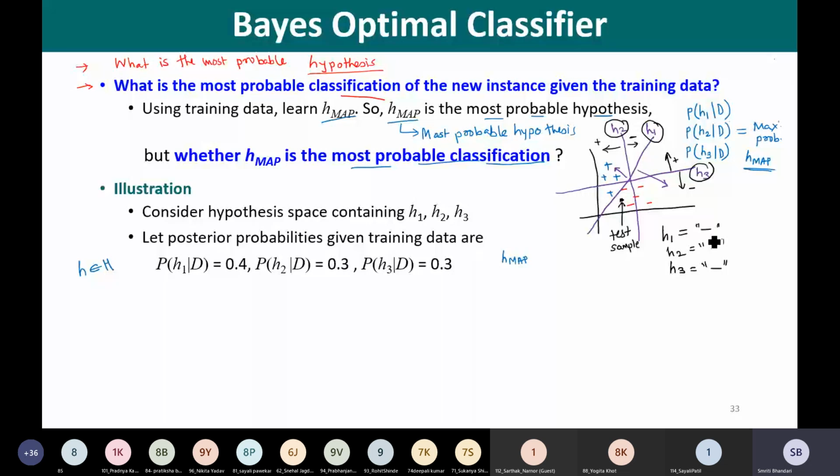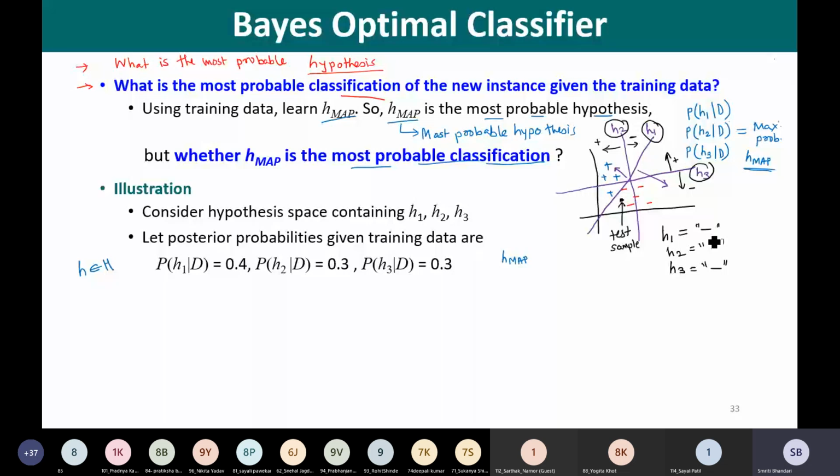So we are once again assuming that we are having three hypotheses in our space, and these hypotheses are denoted as H1, H2 and H3. Now, we have computed the probabilities of all those hypotheses. Okay, so probability of H1 given D we know, probability of H2 given D we know, and probability of H3 given D also is known.